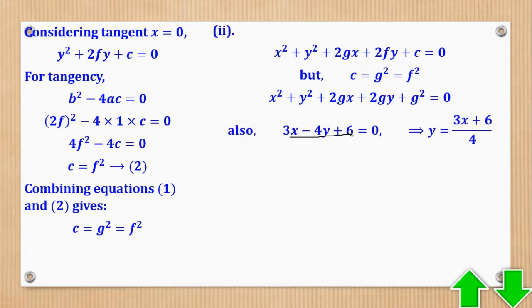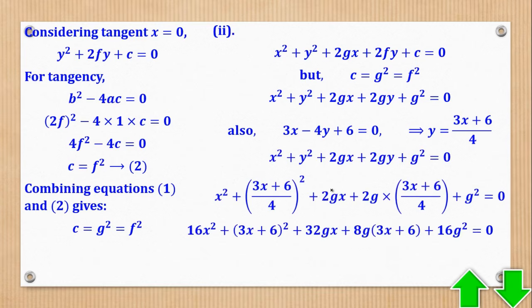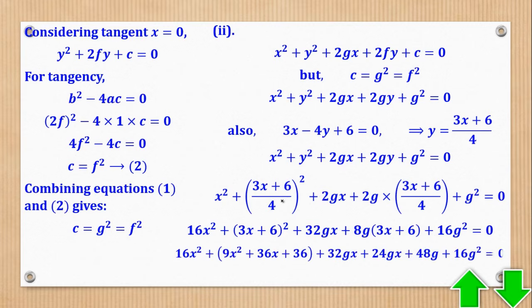Also, we know that for this line y is equal to this. So what I'm going to do, I'll substitute for y. Then multiply that by the LCM, and then you can expand. So when I expand this, I'll come up with this.